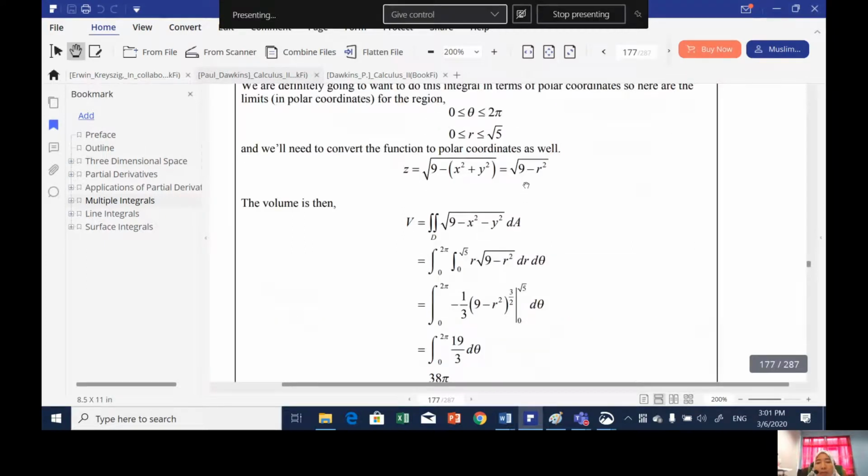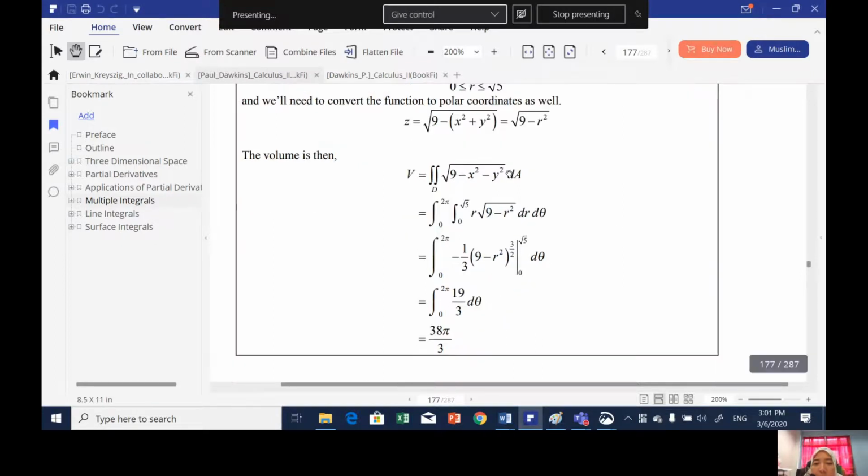Next, find the limit of the angle. We still have the equation of a circle, so from quadrant number 1 to quadrant number 4, the limit is from 0 to 360, and 360 is equivalent to 2 pi. So we have this double integral of this function in Cartesian coordinates, x y. Converting to polar coordinates, it becomes r squared.